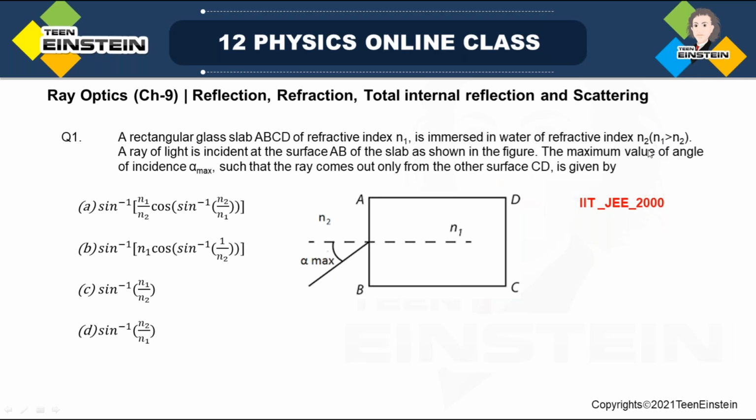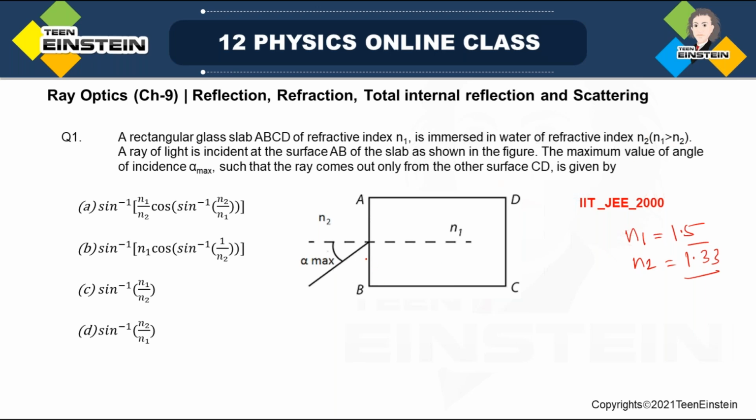We know that glass has N1 refractive index in this case. Refractive index for normal glass is about 1.5, and N2 for water is 1.33. We know very well that N1 is greater than N2.